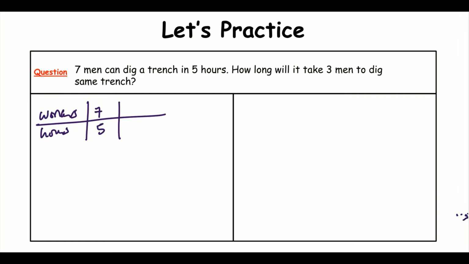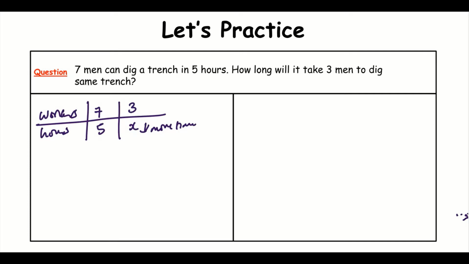Now, how long will it take 3 workers? Now, common sense would dictate that, alright, if it takes 7 men 5 hours, then 3 men are going to take more time, more than the 5.